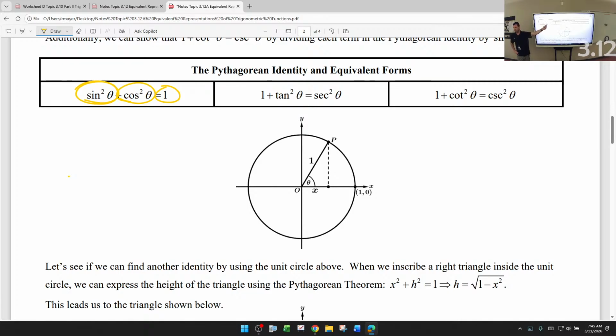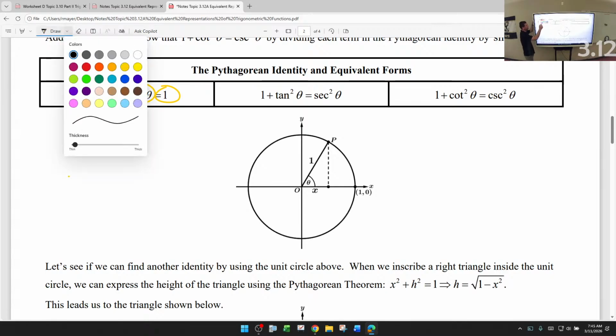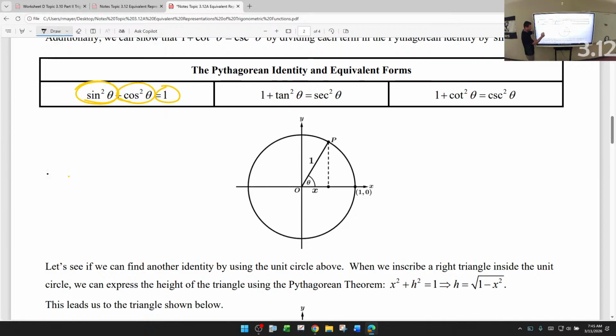Sine squared plus cosine squared is 1. The way I remember it, you'll know this one by the end, I don't think it's that hard. You guys remember the unit circle, right? The equation for a circle is x squared plus y squared equals r squared, yes?